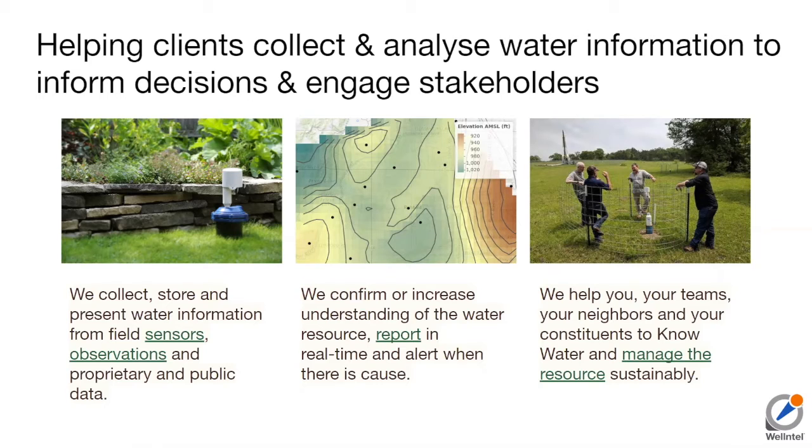And so we now provide networks all over the country. We're in 35 states. We've got 80 or so networks deployed, and we're reporting in real time when there are issues or reasons for concern or opportunities as it relates to the water source.